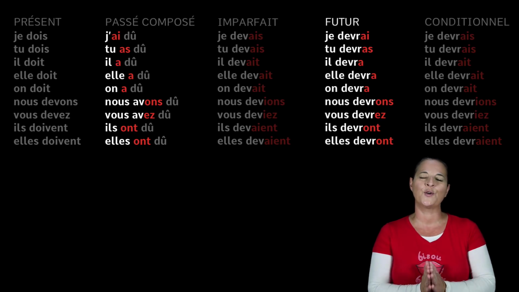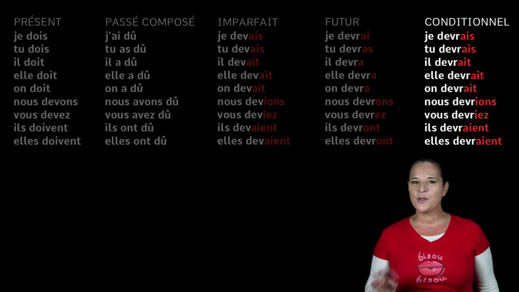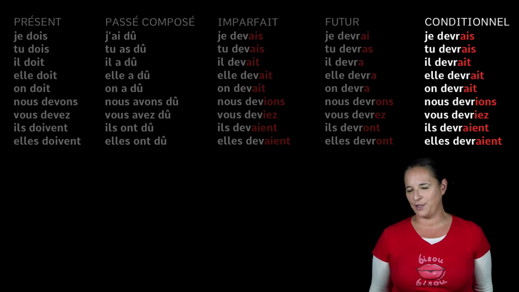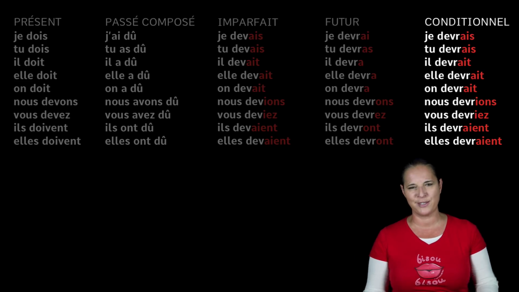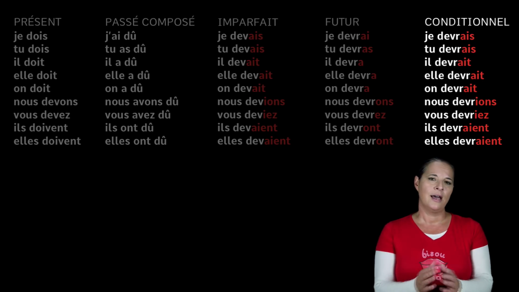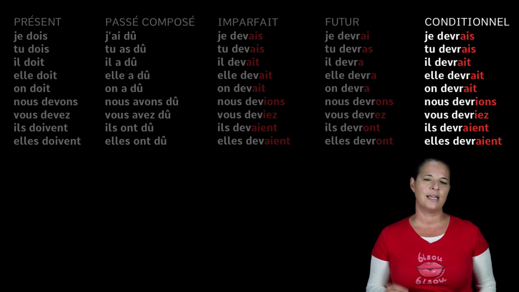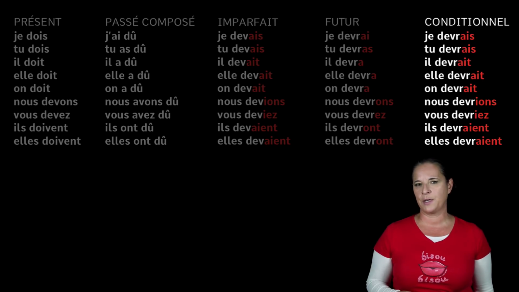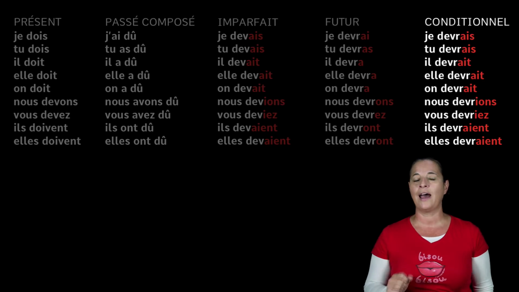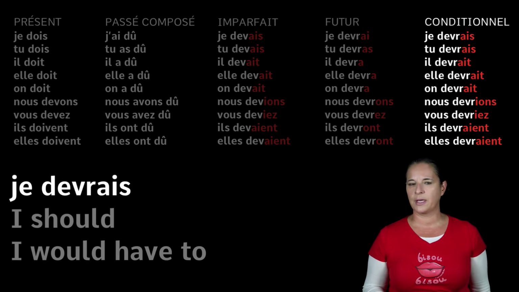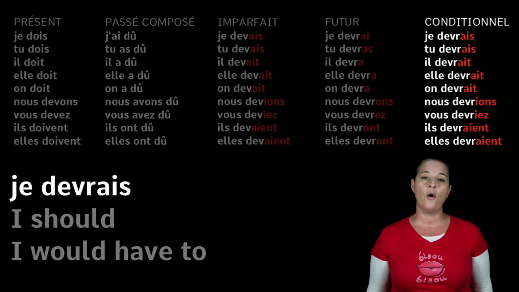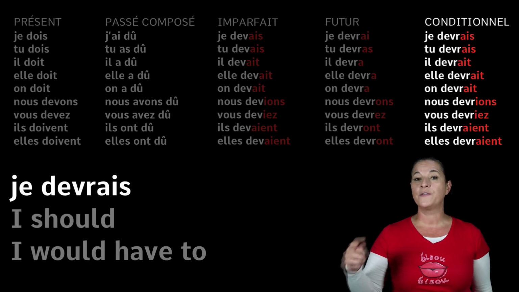Now, let's have a look at the conditional tense. Now, I want to ponder a little bit more on the conditional tense because the conditional is odd, especially for you in English, because to must or have to in a conditional become I should, okay? I should, or I would have to, okay?